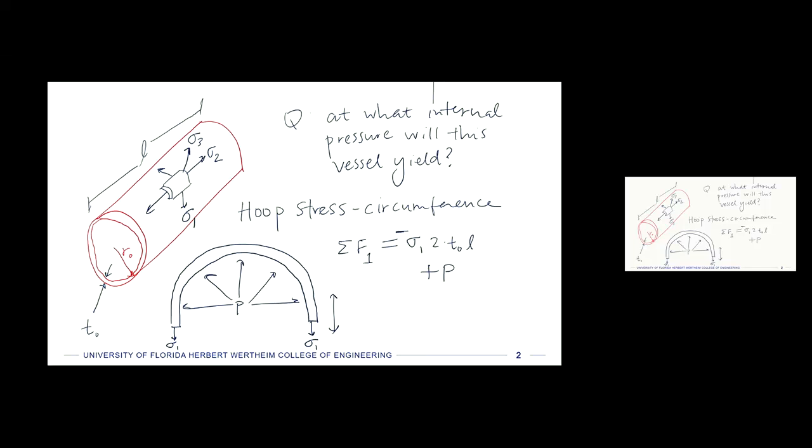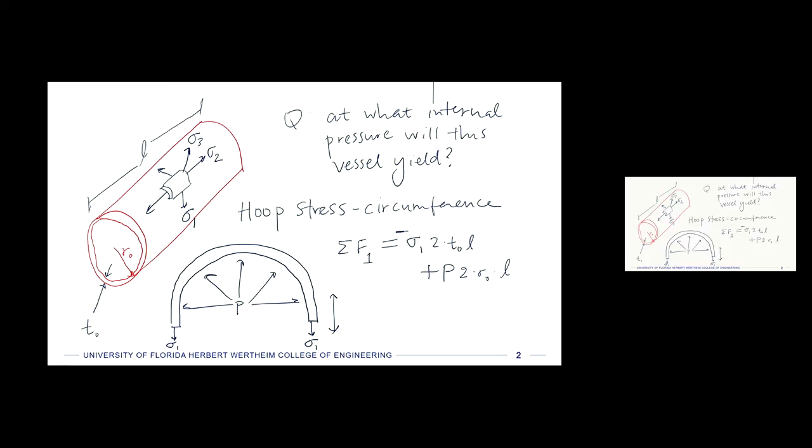So the area for that is the diameter times the length. So it's basically the projected area of this half cylindrical dome if I'm looking upward. It just looks like a rectangle. And that rectangle is going to have dimensions 2 times R naught times L. All right, so the diameter, or 2R, times L.